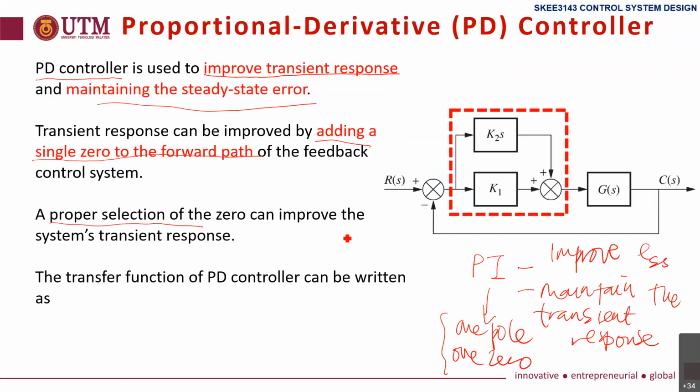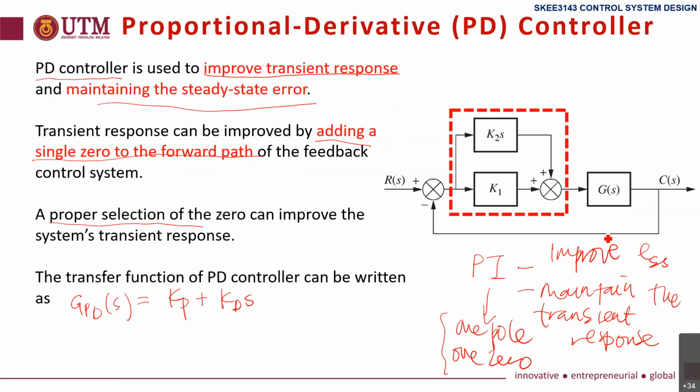Okay? So the transfer function of PD, we call GPD, is KP plus KD S. Okay?